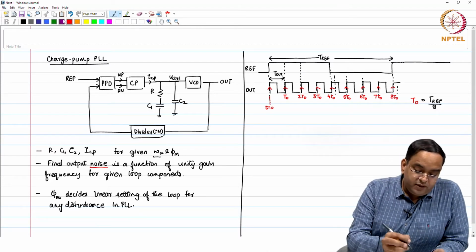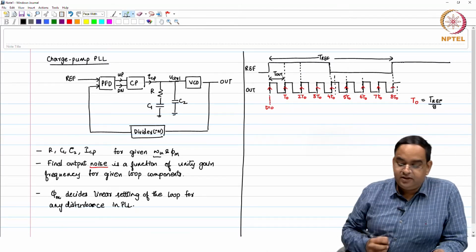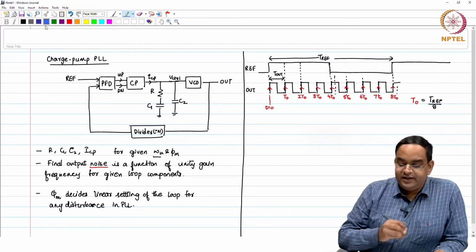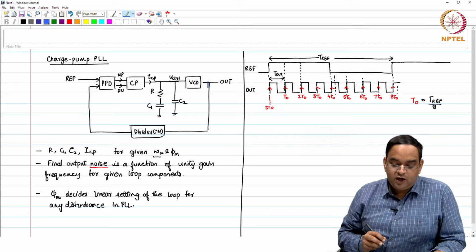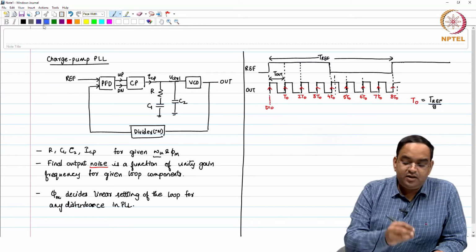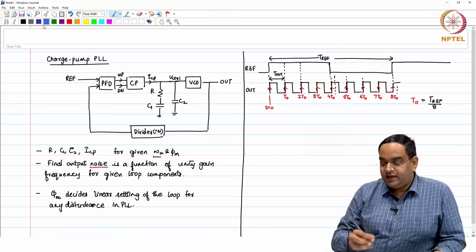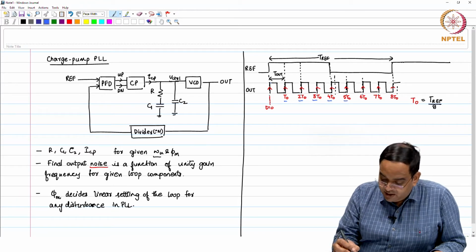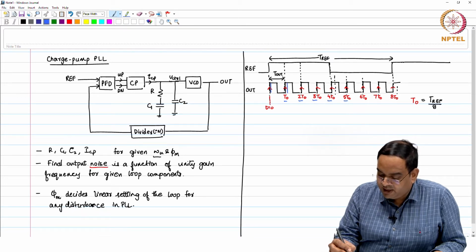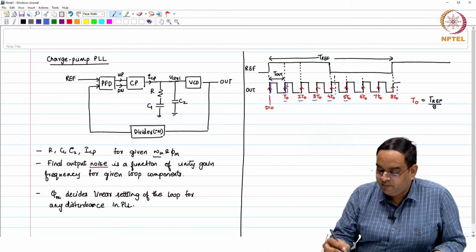But the rising edge of the output clock actually does not always appear at fixed time intervals. It may appear some time after, and by how much it appears after is also random.